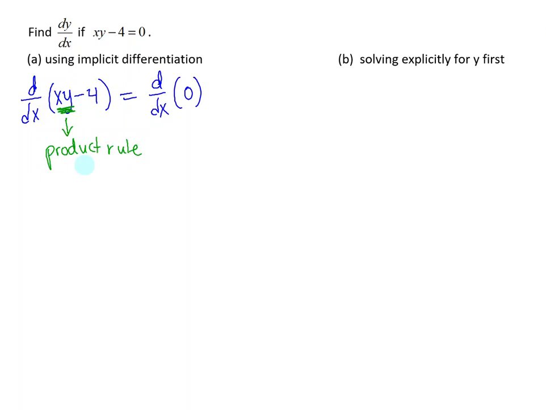Remembering our product rule, fg prime plus f prime g, f will be our x. So x times g prime, the derivative of y, which is d dx, the derivative with respect to x of y, plus f prime, the derivative of x, d dx of x, times g, which is y.